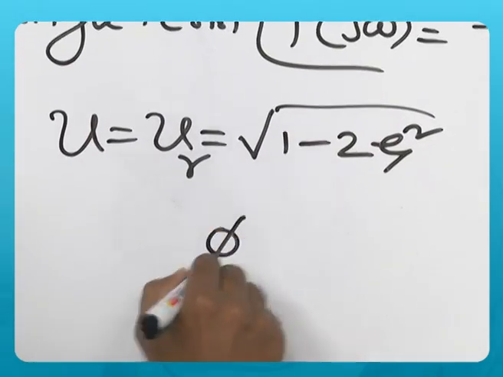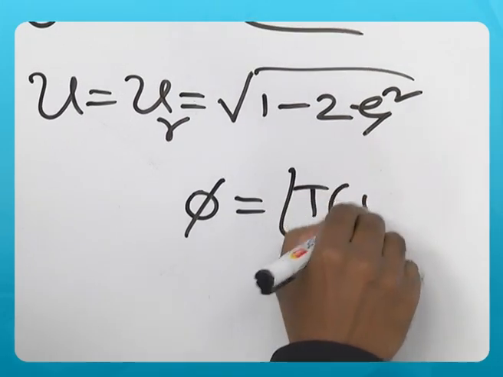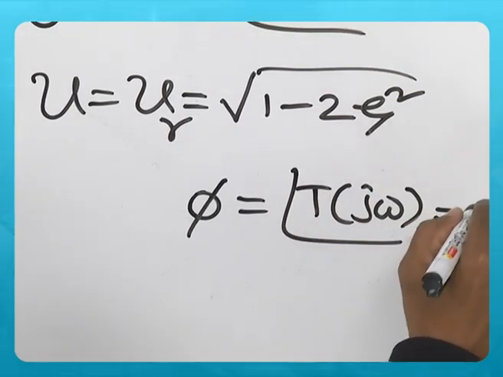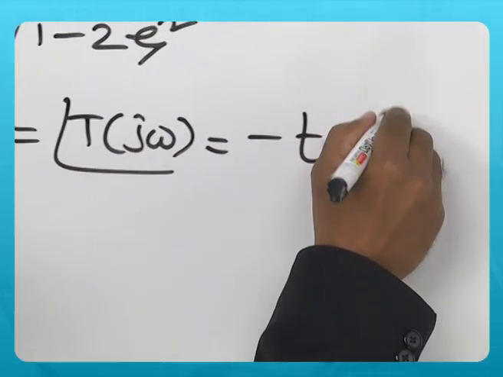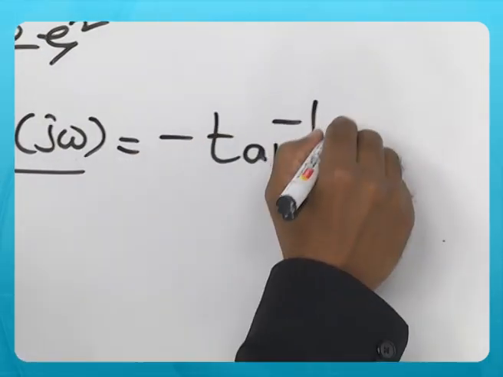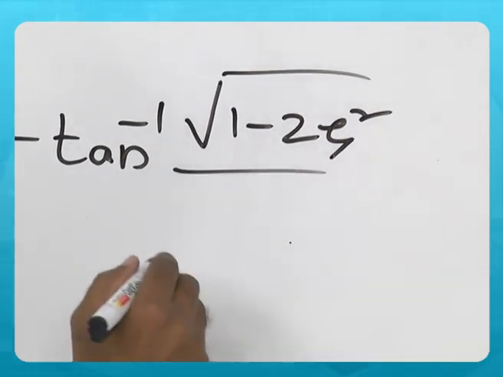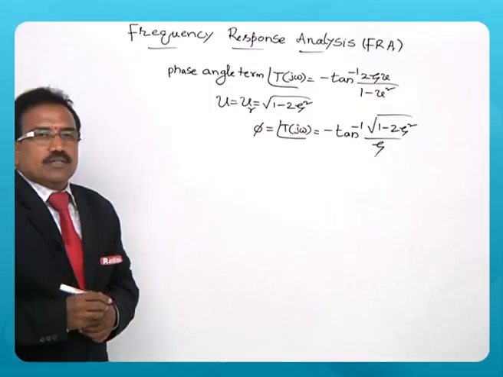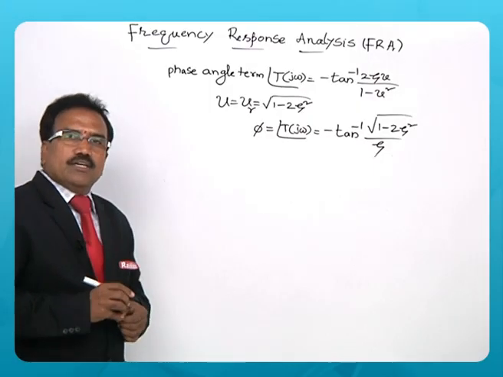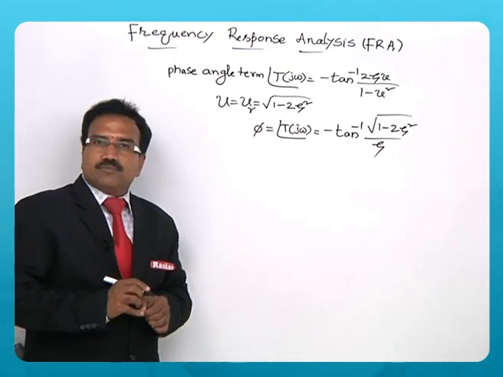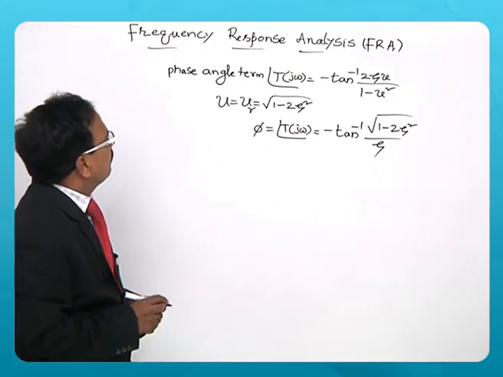So the phase angle of T of j omega is given by minus tan inverse of under root of 1 minus 2 zeta square by zeta. This is the way you should obtain the phase angle and magnitude term for the normalized signal frequency.